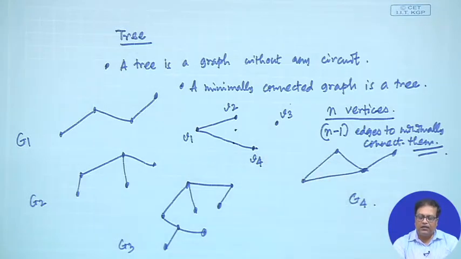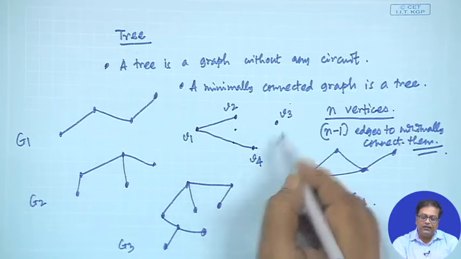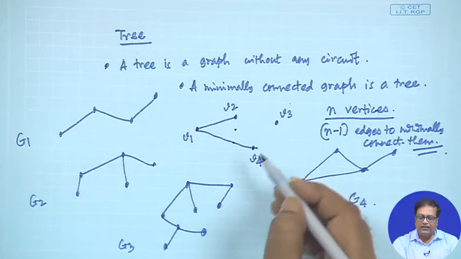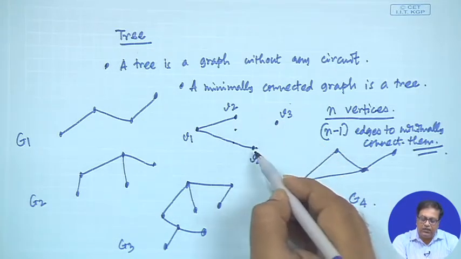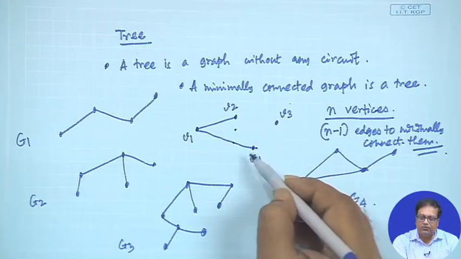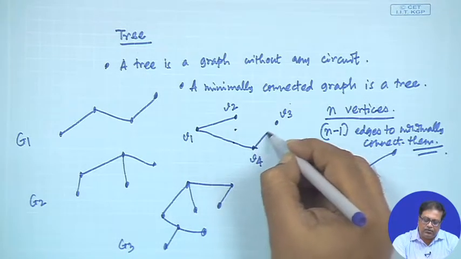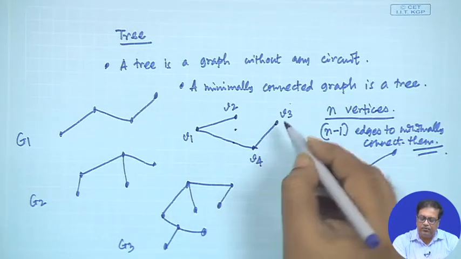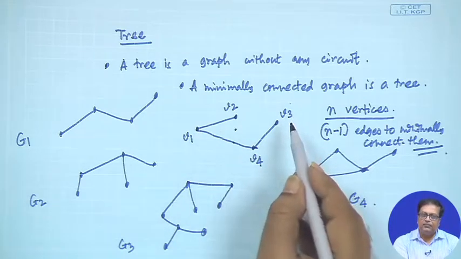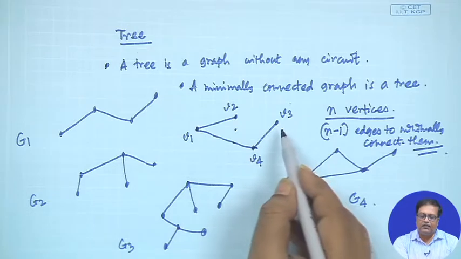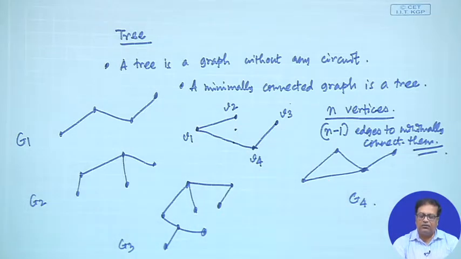V3 is not connected. So, you have no option but choosing V2 to V3 or V1 to V3. Suppose we choose V4 to V3, then we get a tree. So, that is a minimally connected graph. So, a minimally connected graph is a tree.